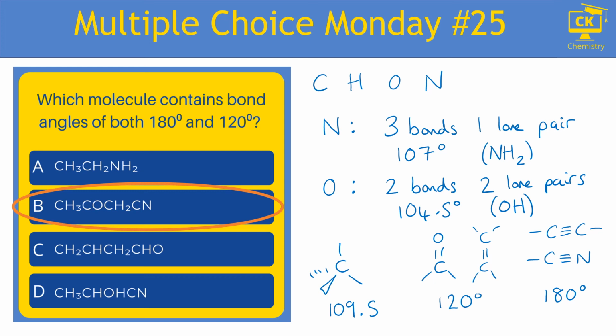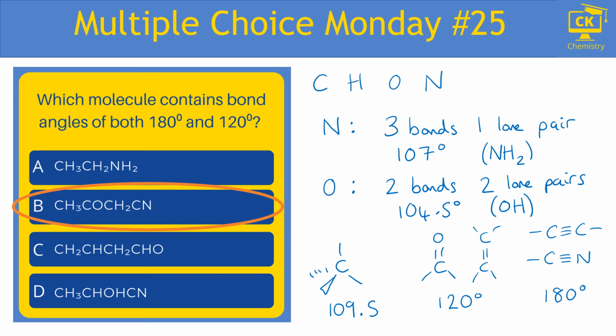CH2, 109.5. CN, 180. Just looking at the others so that we get the hang of how you do this. CH2 at the end of a chain means double bond because there's not enough hydrogens there for it to be singly bonded. So we have 120 degrees around the first 2 carbons in C.